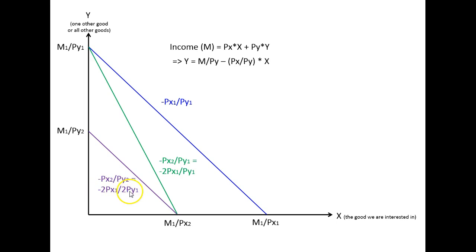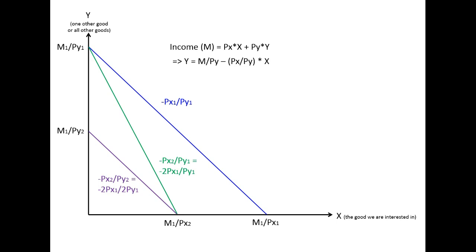So if we cancel out the 2's, we see that we will have minus Px1 divided by Py1. So the original one and this one are parallel. And we also see that the budget set has shrunken even more. So now we have half of the possibility to consume the good on the vertical axis, and prior to that we had half of the quantities that we could consume on the horizontal axis.